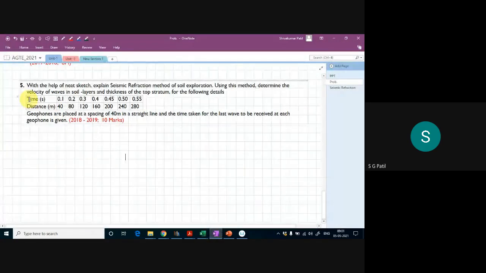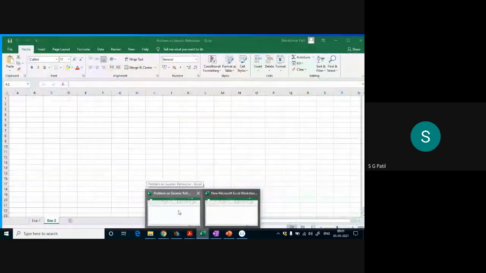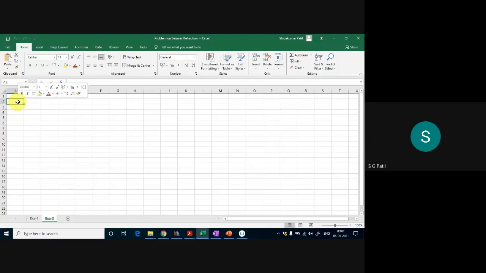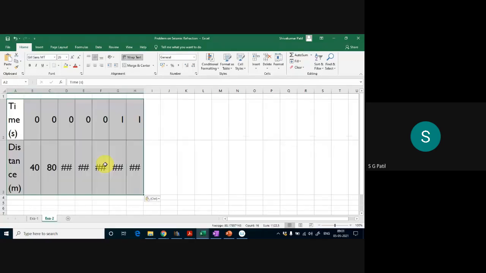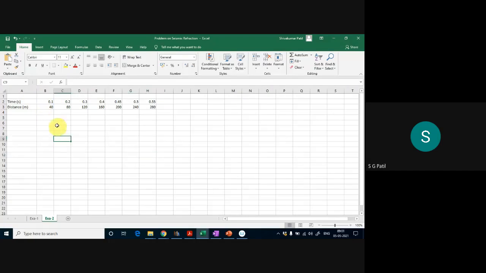So let me copy this time versus distance data here. These are the data: time in seconds and distance in meters. First I have to draw a graph between time and distance.